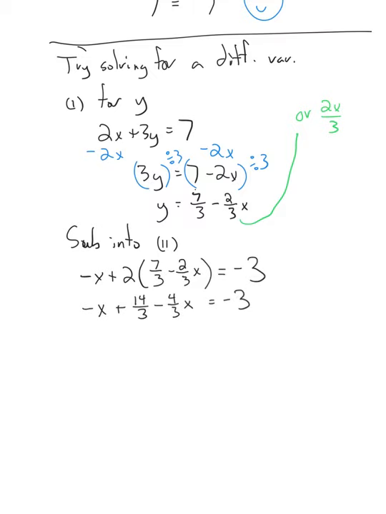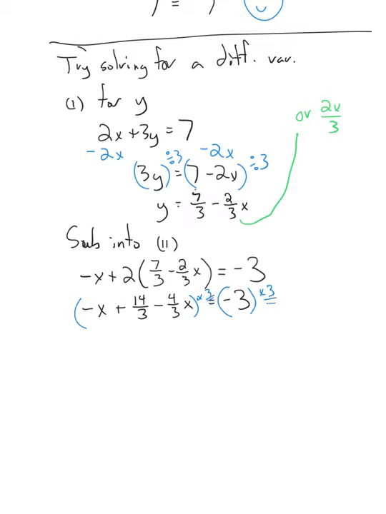So now let's get rid of that pesky denominator of 3. So we'll multiply both sides by 3. You could keep things as fractions and just solve for x that way too. You'll get the same answer. I like to multiply through by the least common multiple of all my denominators, just to get rid of it at this stage.